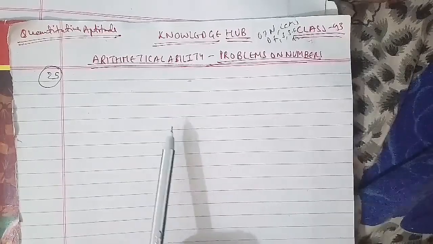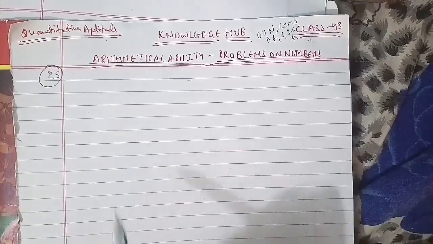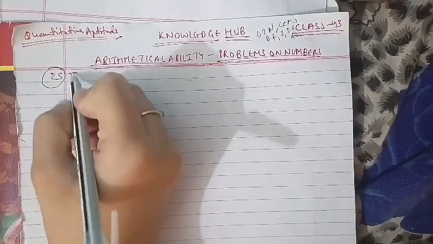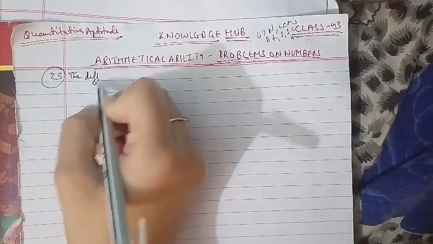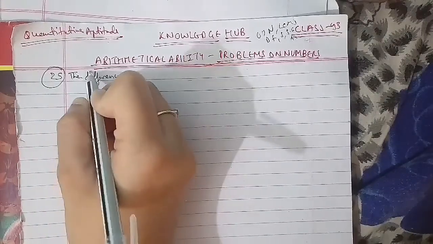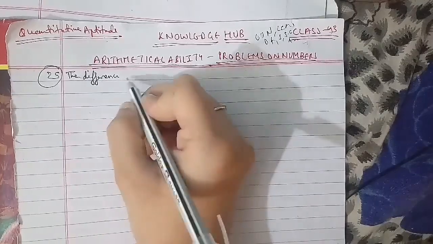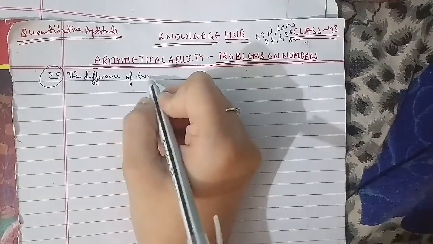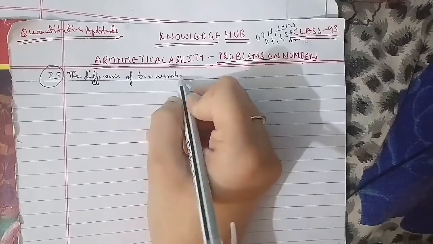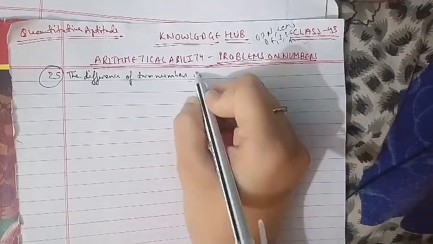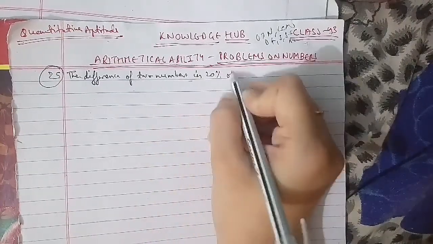We'll go ahead. The difference of two numbers is 20% of the larger number.